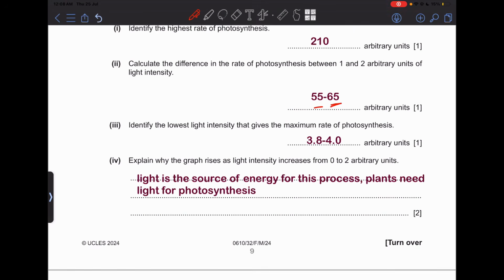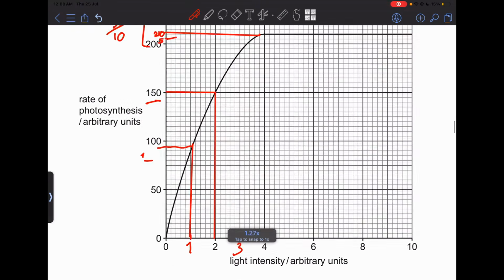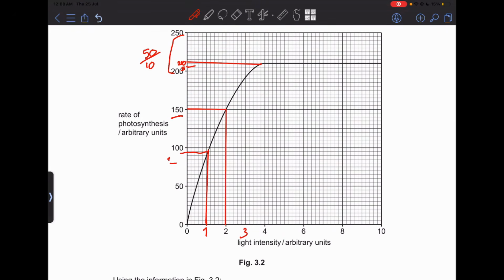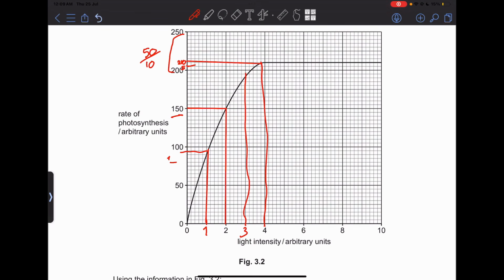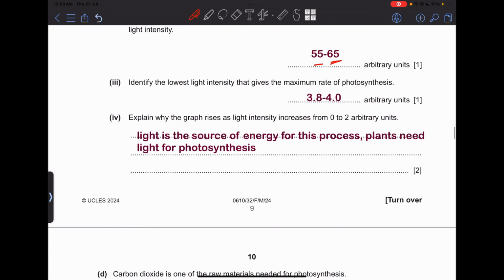Triple I, identify the lowest light intensity that gives the maximum rate of photosynthesis. This is actually from around 3 to 4, so you have a range from 3 to 4 arbitrary units. This is where there was the highest rate of photosynthesis.